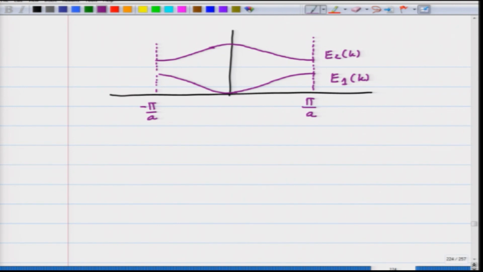Now, we want to count how many states are there in each band and what kind of properties follow by filling these bands as a function of k.